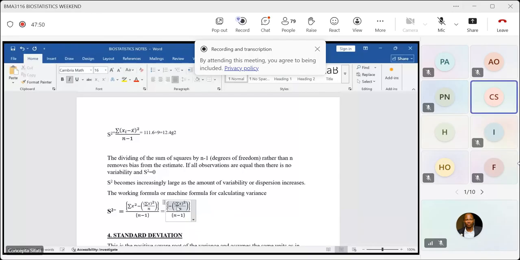You said it is 1600. Then we go to the second one, where we get our other summation of x in brackets squared.